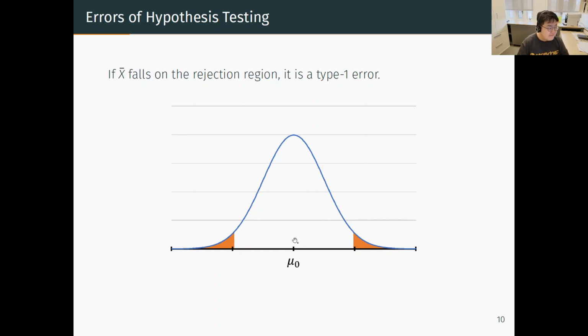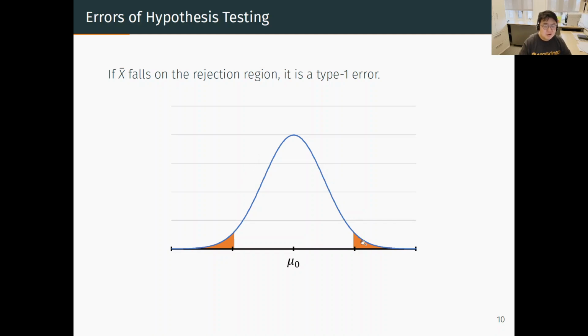Even if mu0 is the correct center, there is a possibility you observe this or this, and then you have to reject it, because what you observe is just one point, one realization, not the whole distribution. So there is no way to tell.